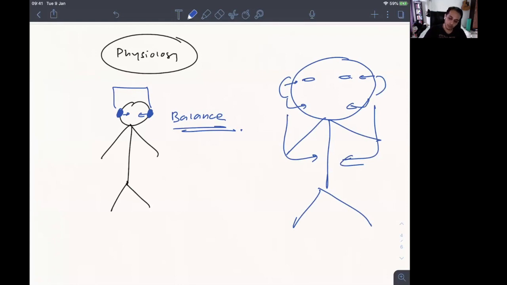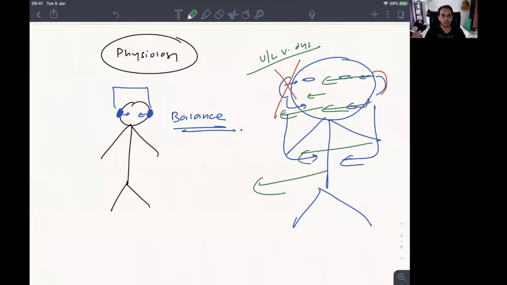Now, supposing there is loss of one-sided vestibular system, what will happen is that the opposite side vestibule is still working. So the opposite side will be able to push a lot more, which means that in a case of unilateral vestibular dysfunction, you will have eye movement to the same side, head movement to the same side, and body movement to the same side.